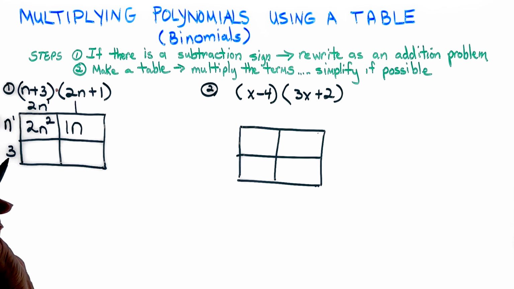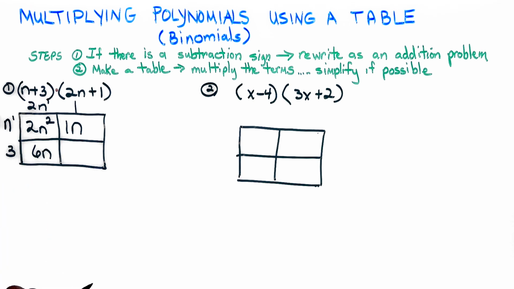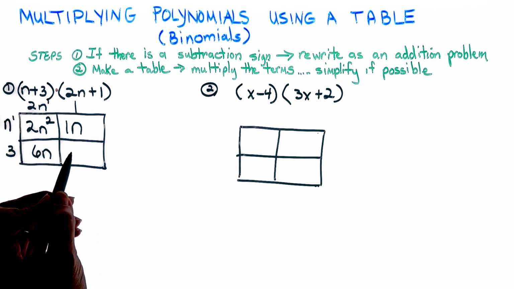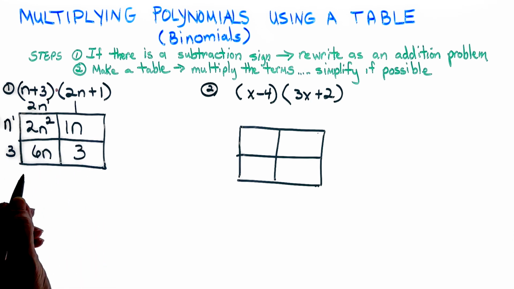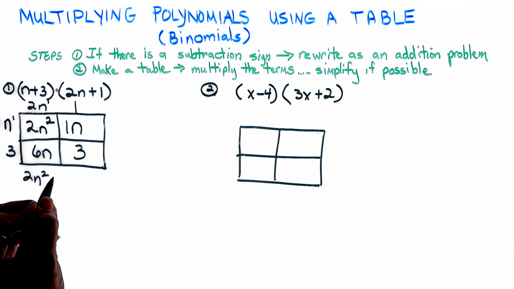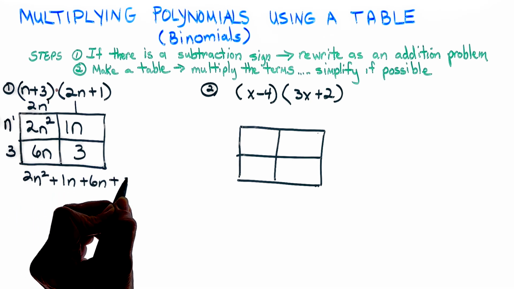Going to the 3 now. 3 times 2n, well, 3 times 2 is 6n. And 3 times 1 is 3. So now these are all of our terms, 2n squared plus 1n plus 6n plus 3.